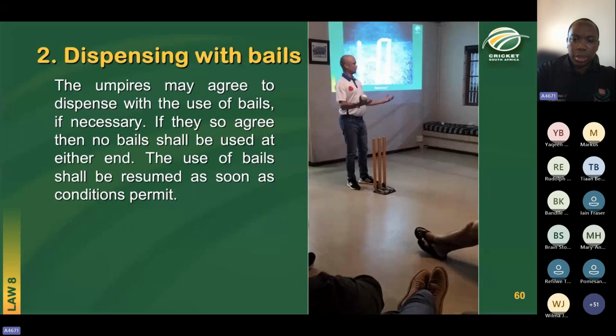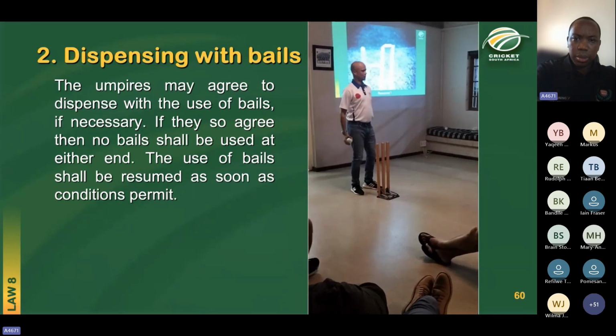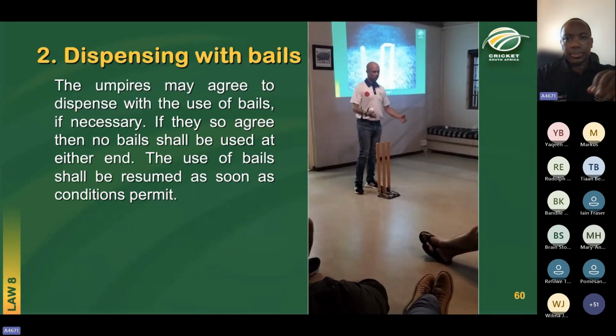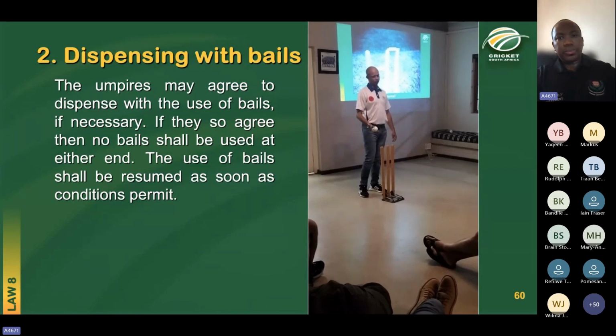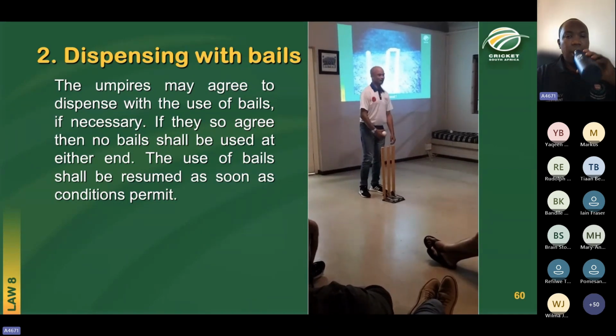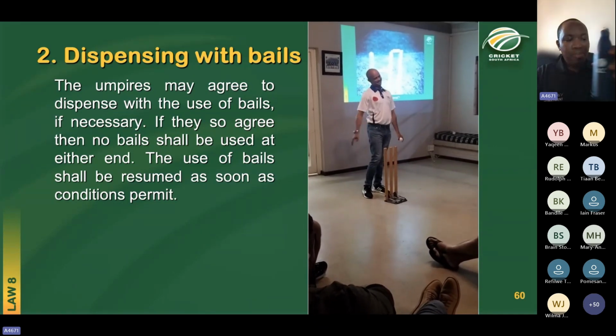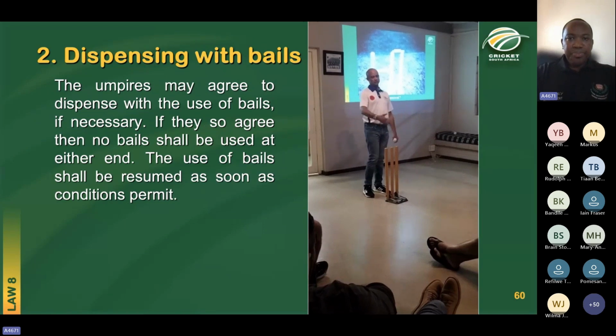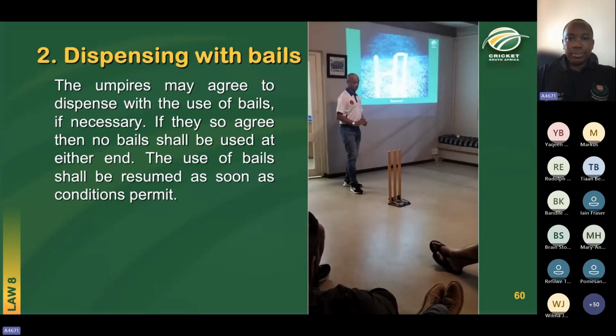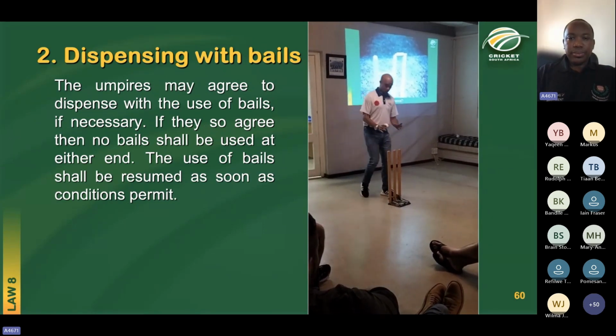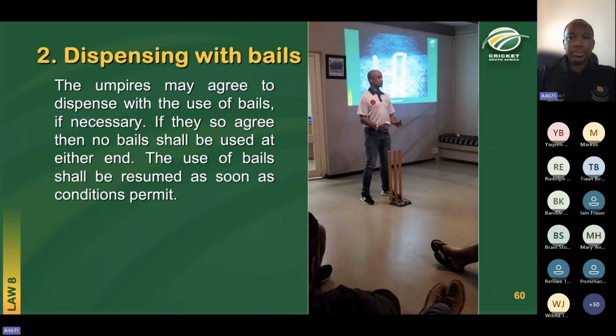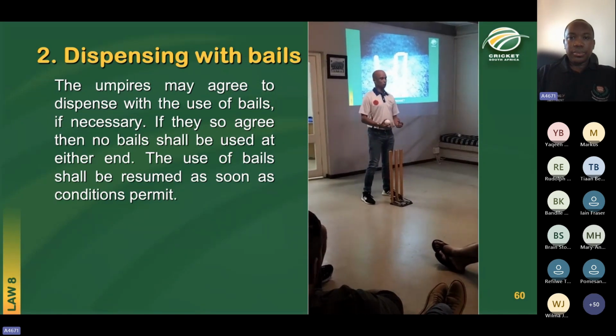The wind was blowing the bails off, and I said, leave the bails, it's wasting too much time continuously picking up bails. So now we decided to remove the bails. And usually when you decide to remove the bails, there's only one reason. The wind keeps on blowing.